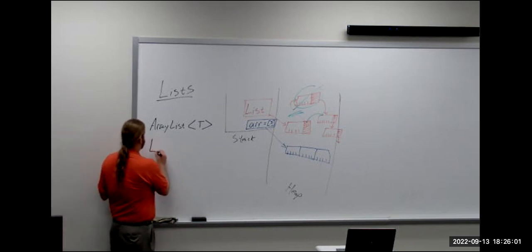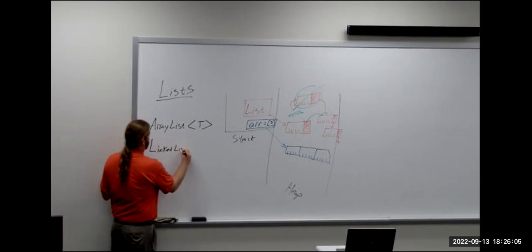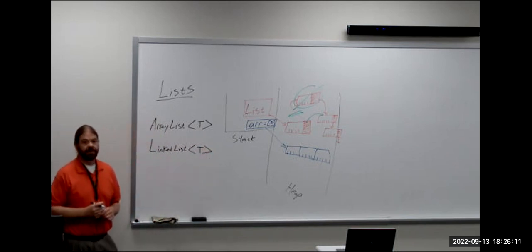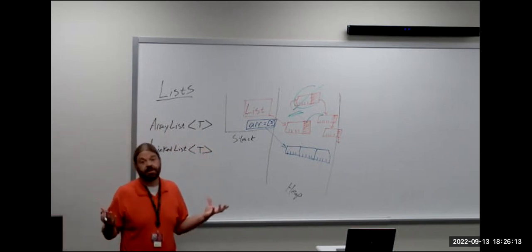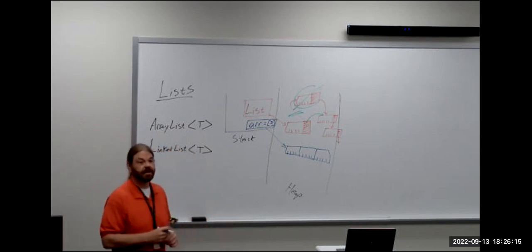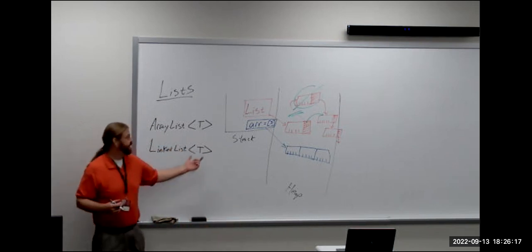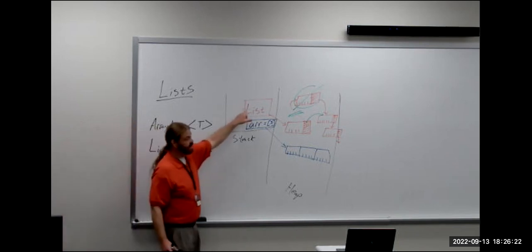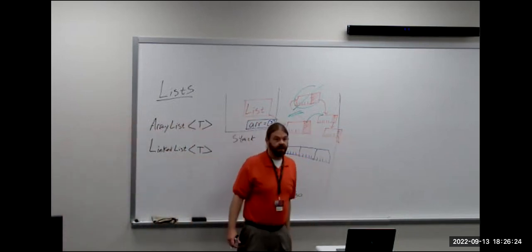There's also LinkedList. And again, we're in a strictly typed language, so we have to fill in that generic type. They left that generic placeholder, and when we go to use it, we have to put something in that placeholder. So LinkedList is directly what I drew the picture of here.